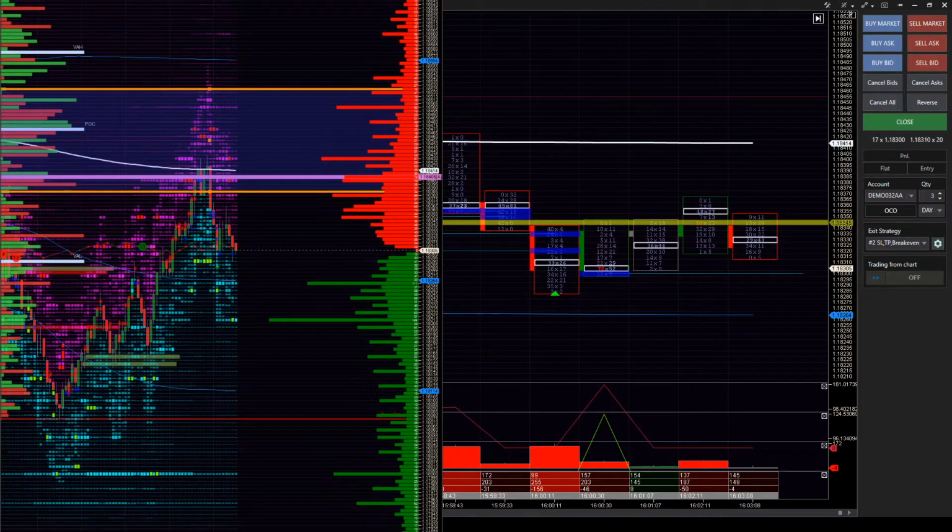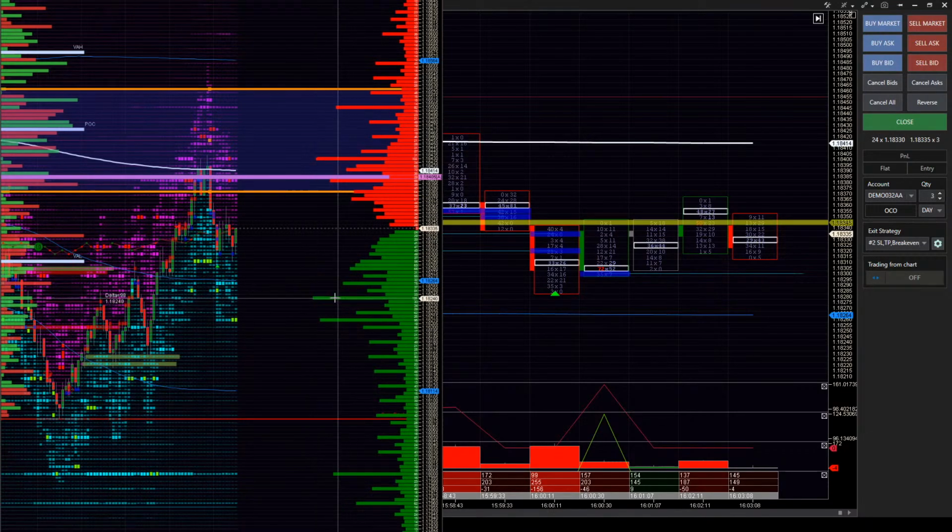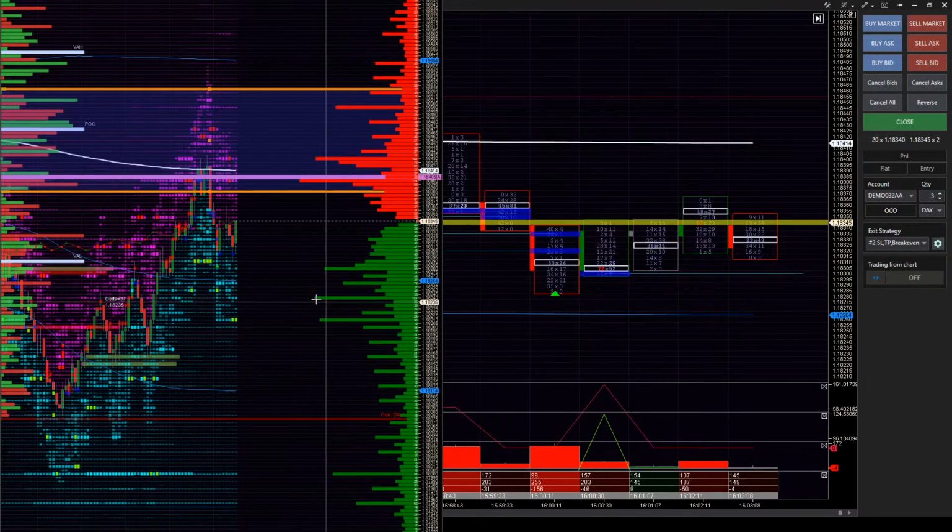Let me just click on it here. Like you can see here, for example, if you are looking for a target down here, you need to actually look at liquidity because this might be against you or in your favor. Okay, these liquidity bars you can see here on the right side of this chart can be either a support or a resistance, or can fuel the movement, but you don't know that until you get there.